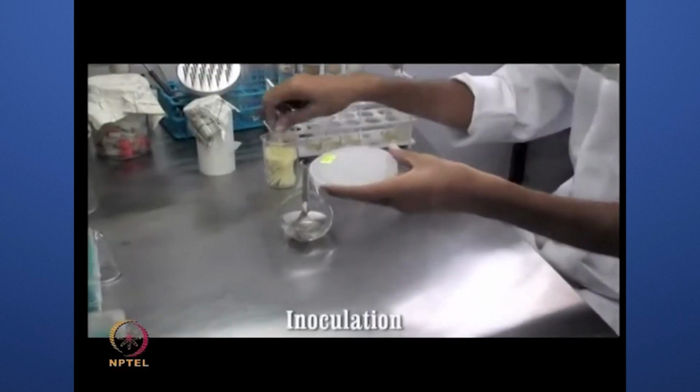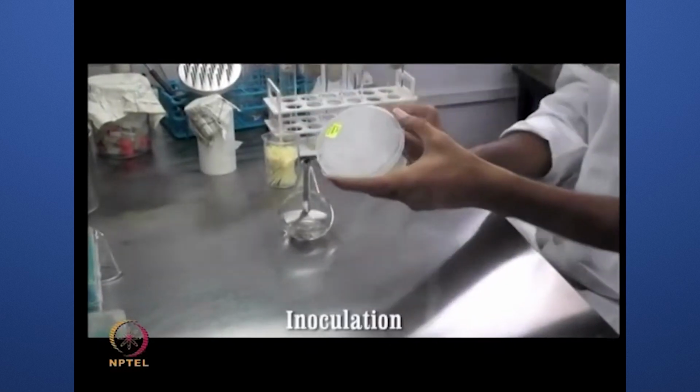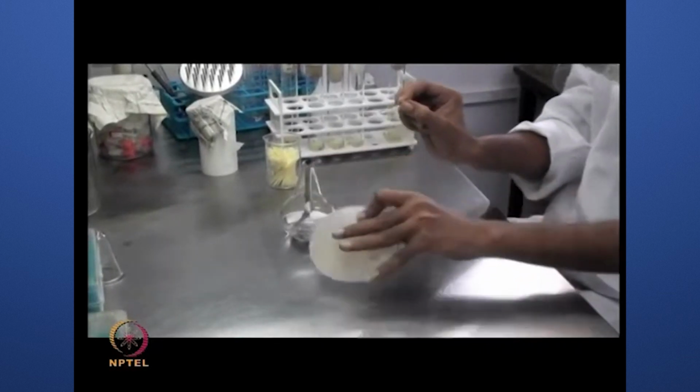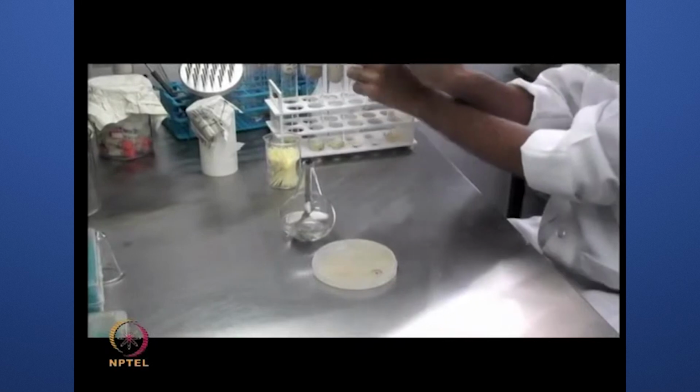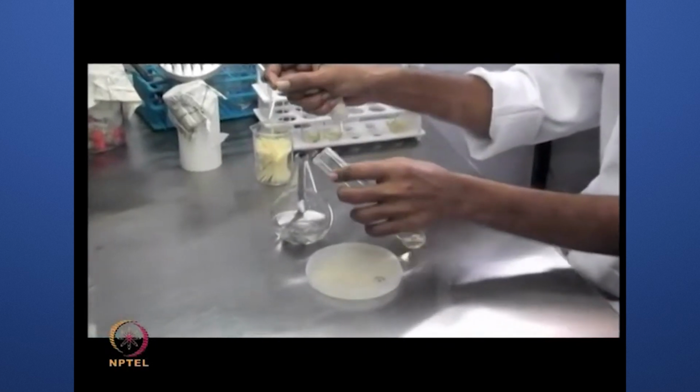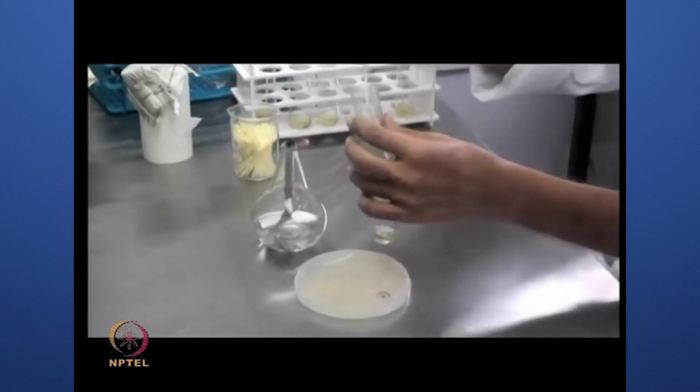Light the spirit lamp or Bunsen burner to maintain sterile and aseptic conditions throughout the process. Carefully remove a bacterial colony from the master plate and inoculate the autoclaved growth media.